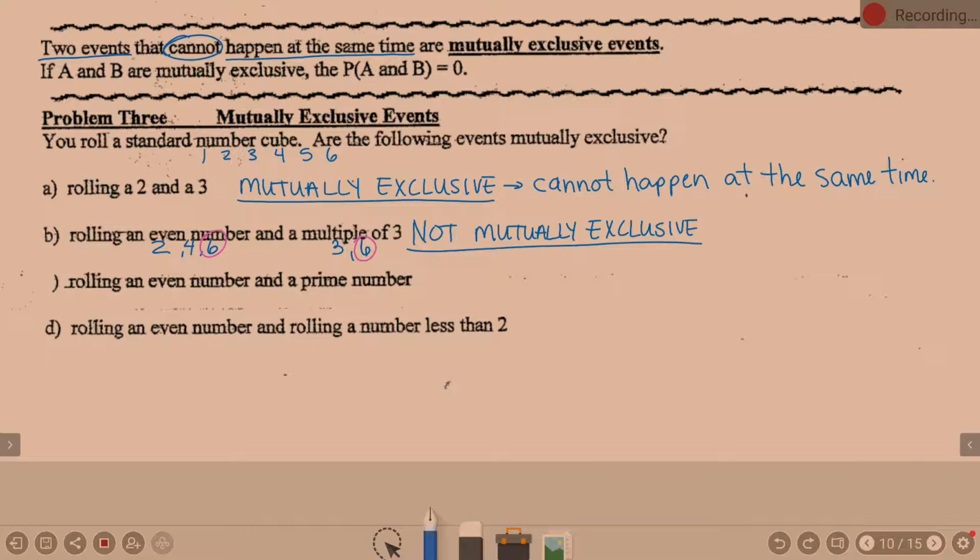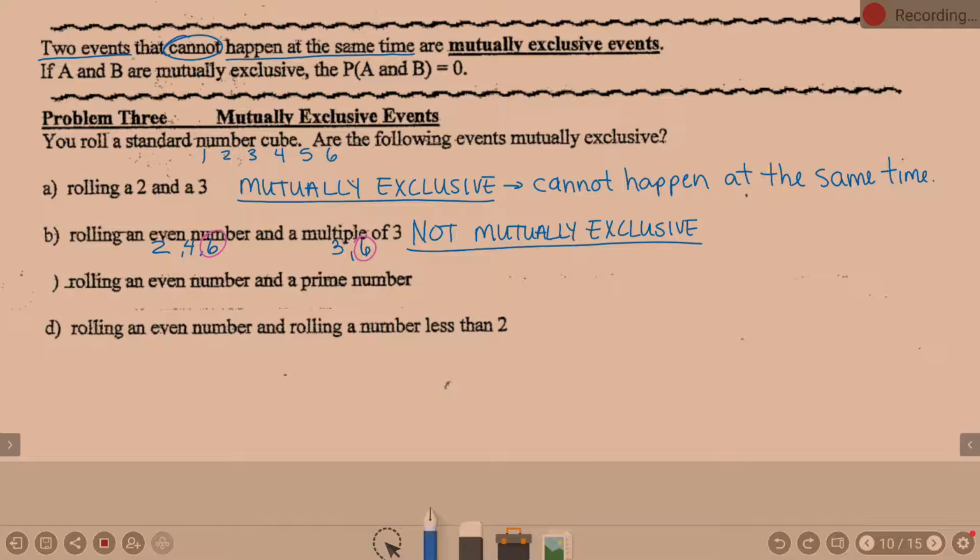I will say I've taught out of some books where the opposite of mutually exclusive is inclusive, but they just use not mutually exclusive here, which I don't care for.